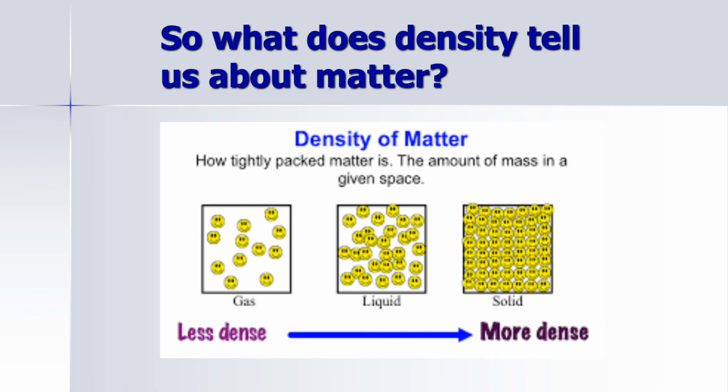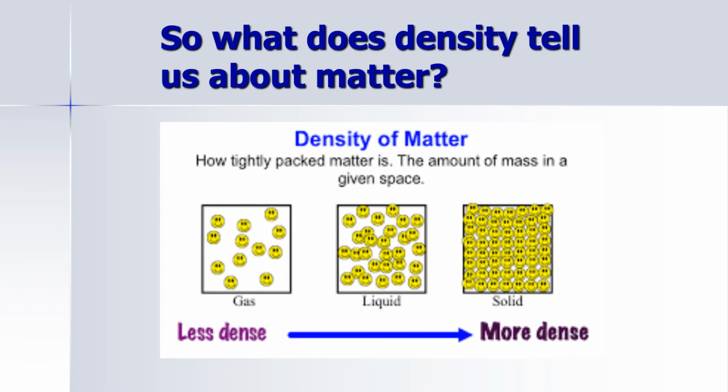So what does the density tell us about matter? As we all know, there are three different phases of matter. We've got solids, liquids, and gases. The basic difference between these three states of matter is how their particles are arranged. As you can see in this picture, solids are very organized. Their particles are very, very close together. Liquids, not so much, and gases, not at all.